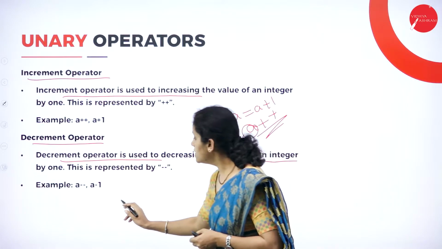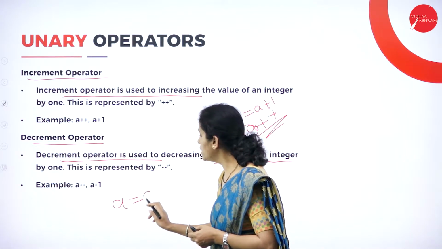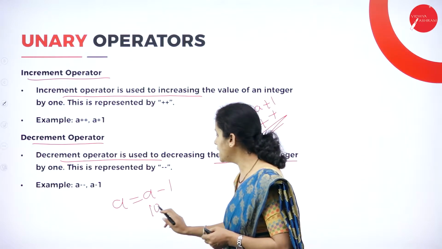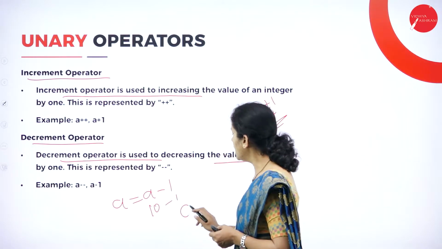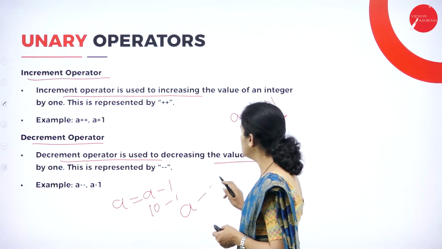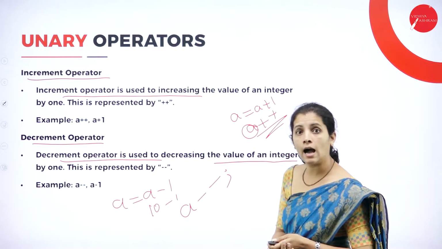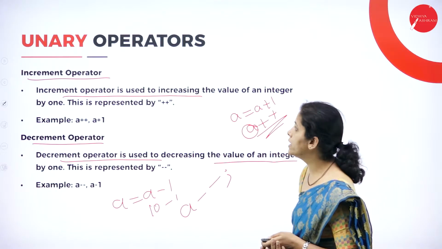So here, instead of writing a equal to a minus 1, for example a is 10 minus 1, directly I can write a minus minus. So this is nothing but the increment operator as well as the decrement operator.